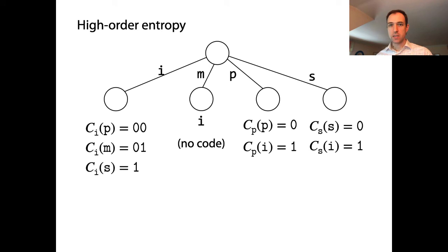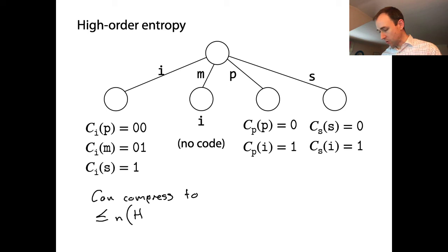So with this high order empirical entropy notion and with our strategy for implementing a high order coder, we can achieve a bound a lot like we said we could achieve with Huffman coding. So we can compress a string to, at most, n times the kth order empirical entropy of the string plus 1 bits.